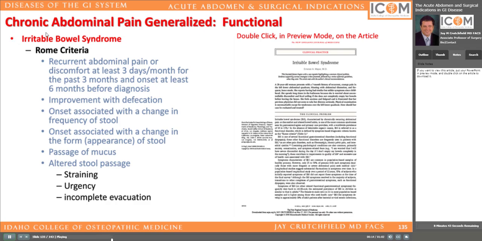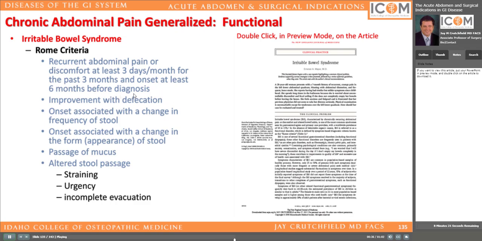If you'd like to read the diagnostic criteria and the Rome criteria for this, just double-click on the presentation here. The Rome criteria indicates recurrent abdominal pain or discomfort at least 3 days out of the month for the past 3 months, and an onset at least 6 months before the diagnosis.